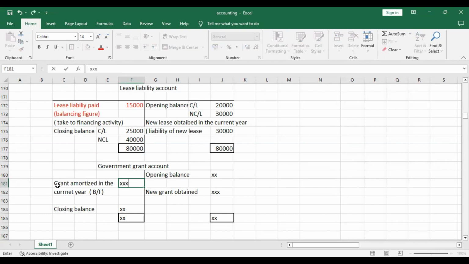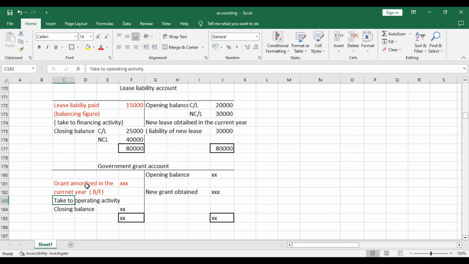So this amortized figure, grant amortized, that means this has been credited to the P&L account. You have to take this to the operating activity. Why? It's already credited to the P&L account, so you have to adjust it by reducing it from the operating activities when you prepare it.